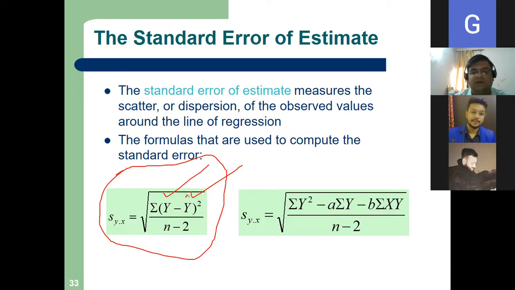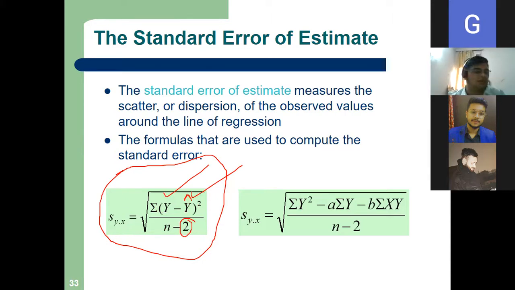Don't forget this hat. Otherwise it will be y minus y squared. So y minus y hat whole square, then sigma, divided by n minus 2. Why n minus 2? Because there are two variables.